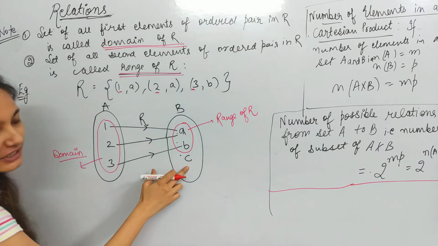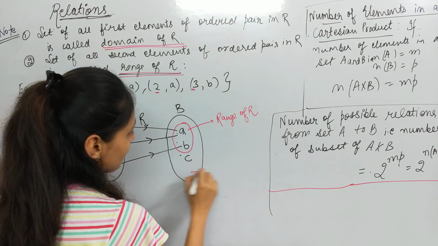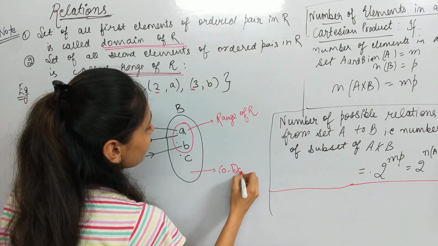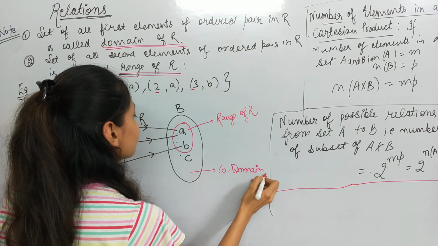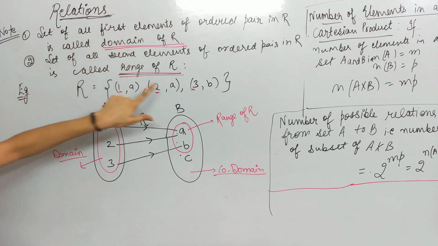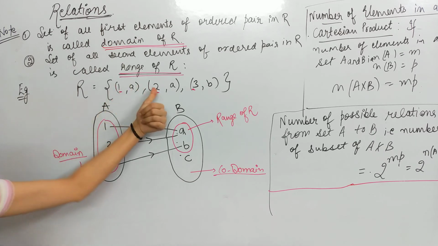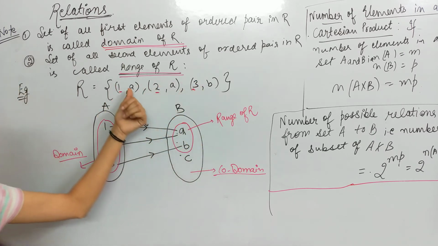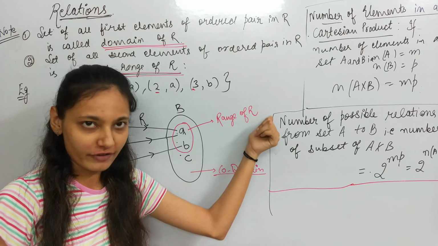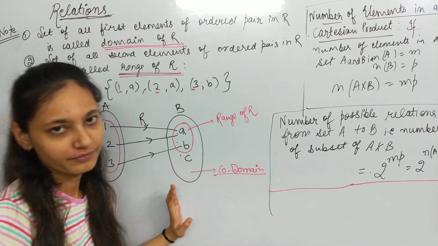Now this element is left in this, and this whole set is called the codomain of R. So from here you learn two words, that is domain of R and range of R. What is the domain of R? Domain of R is the first element in the ordered pair, and the second element in the ordered pair is the range of R. And codomain is the elements in whole set B.